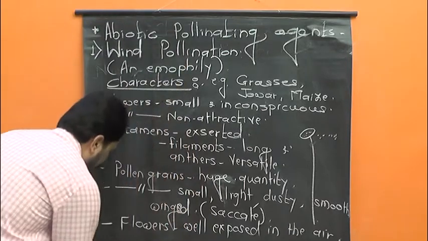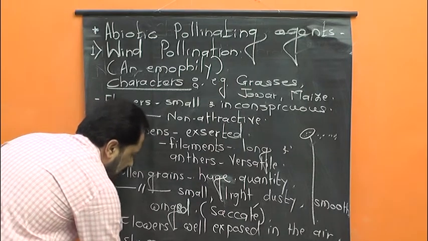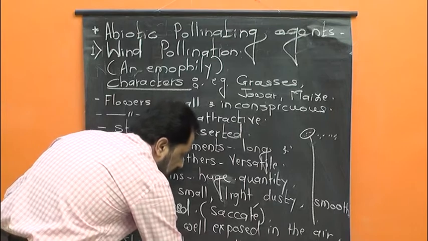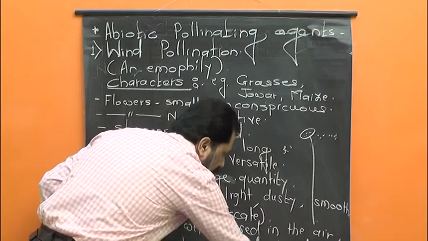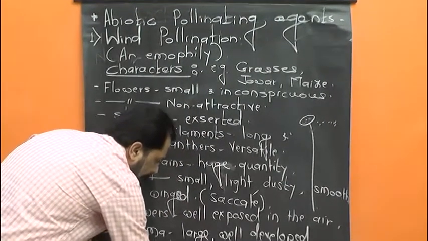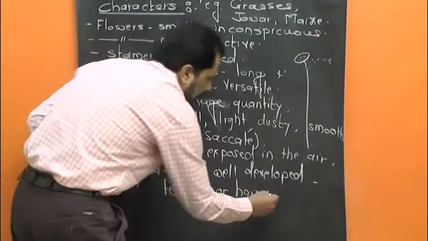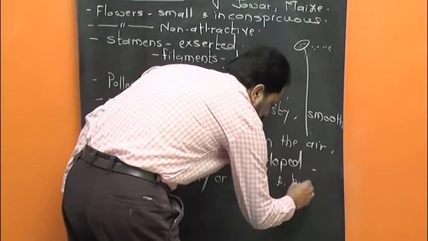The stigma in these flowers is large, well developed, feathery or hairy, and bifid.